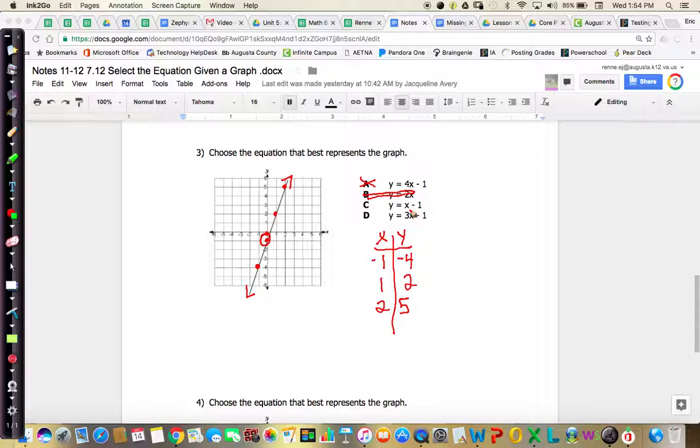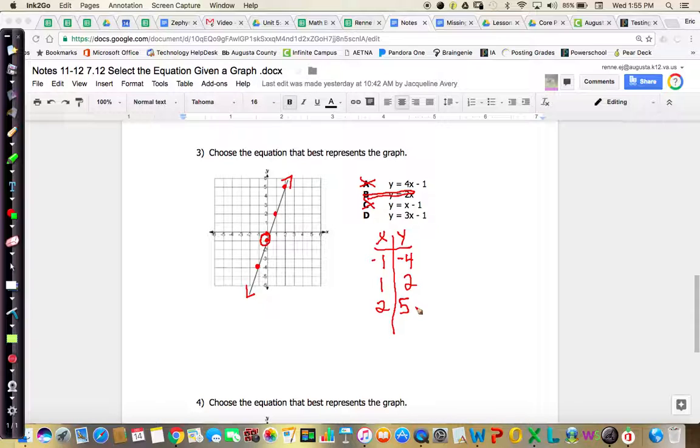Next one, -1 minus 1 is -2. Oh, doesn't work. So it's looking like choice D, but let's make sure. 3 times -1 is -3. Minus 1 is -4. 3 times 1 is 3. Minus 1 is 2. 3 times 2 is 6.